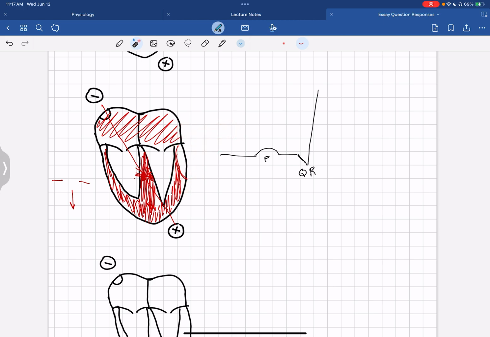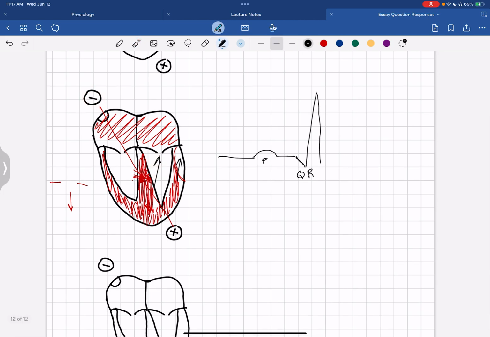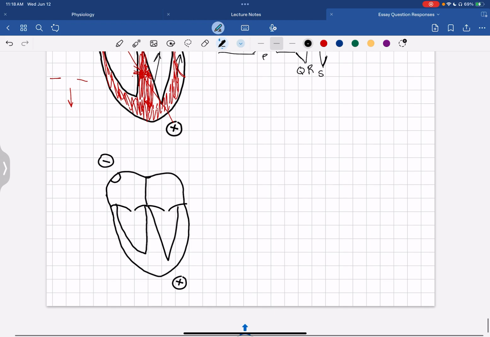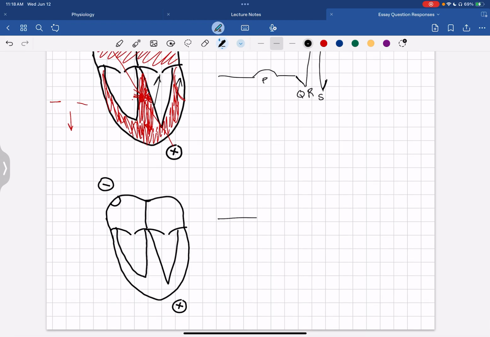And because we have this movement upwards as we depolarize, the net movement is actually towards our negative sensor. So we have a negative movement towards a negative sensor, which means we're going to go down. Once we drop below our normal position, this will be our S wave. And now if we track our last section here, we have our P wave, our Q wave, our R wave, and we have our S wave.